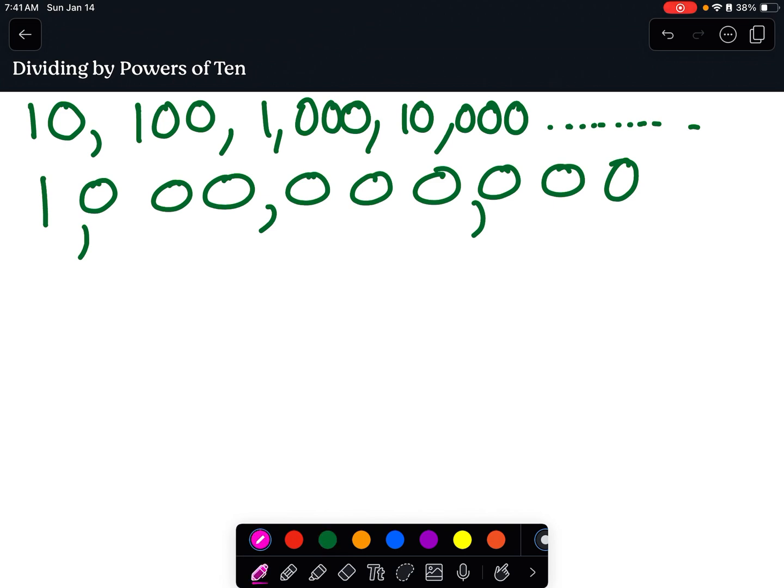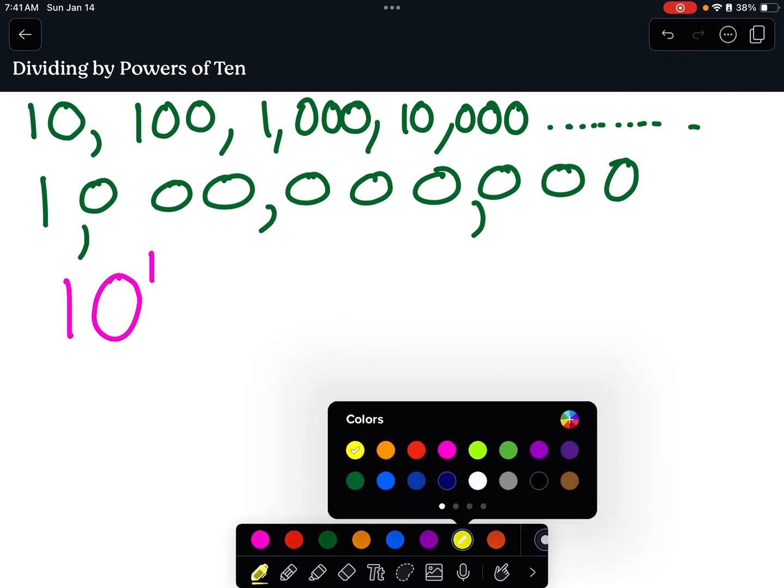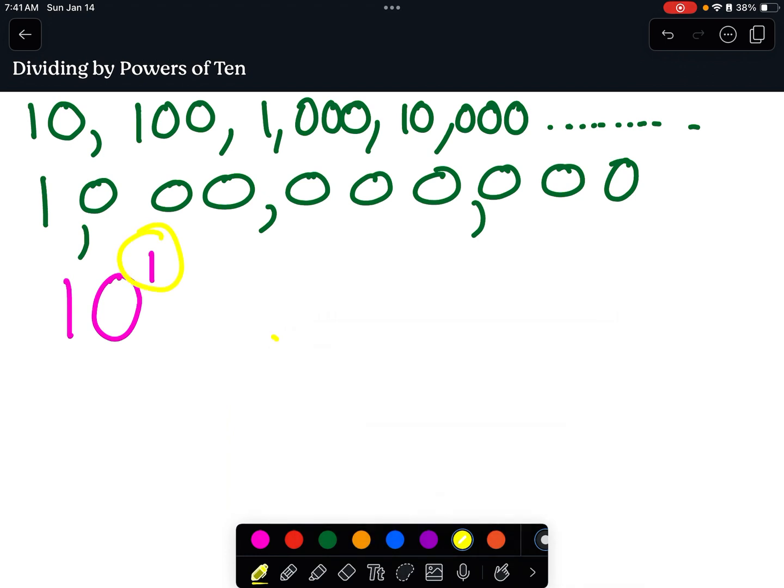So basically, let's say you have 10 and you have an exponent of 1. Now this number right here, that's called an exponent, which we haven't learned yet, but now you know what it is. And so 10 to the power of 1 means 10.